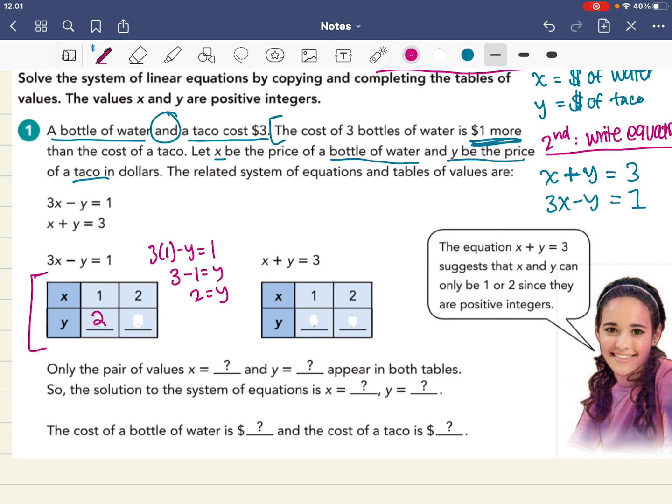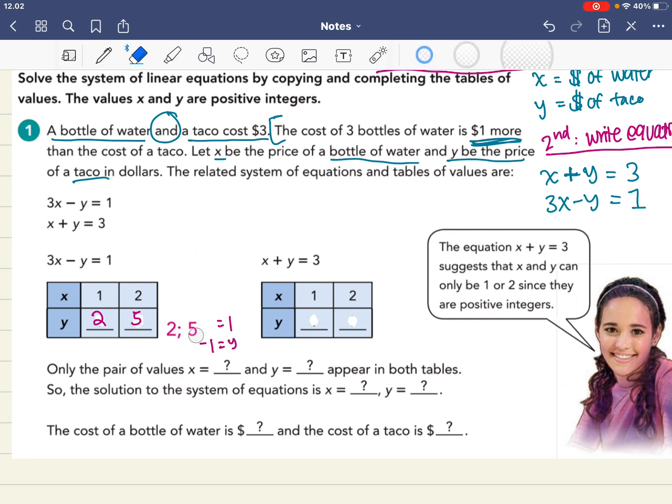And then if x is 2, y is 5. Okay? And then we're going to do that to the other side. So at 2, 5, we got it correctly.